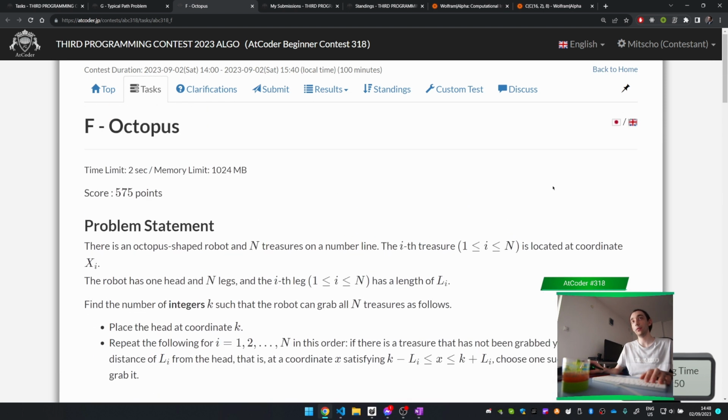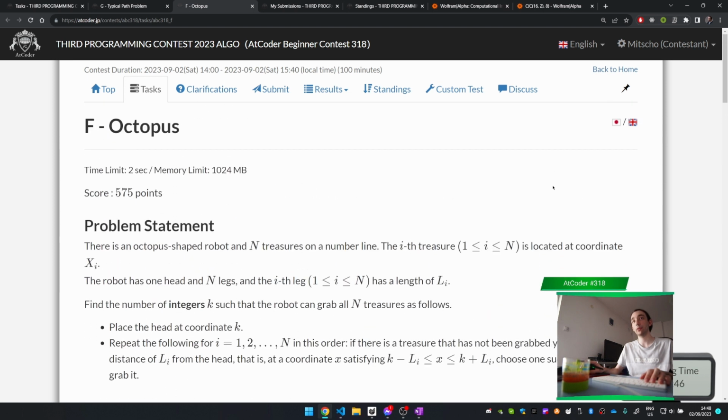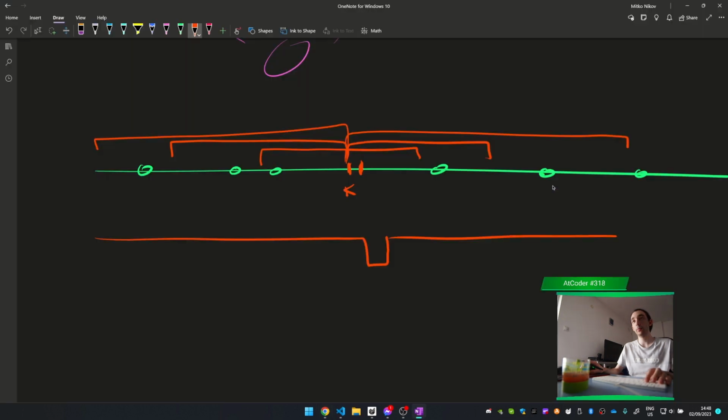This is some kind of an IOI type of problem. It's a pretty straightforward definition, but it's not implementationally straightforward.